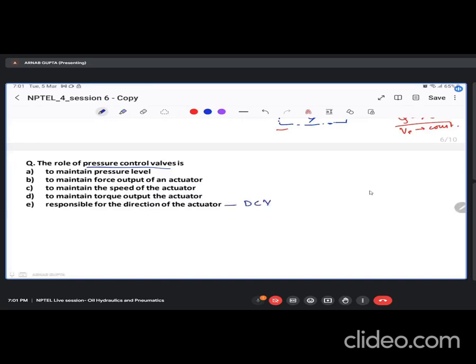So PCV is not responsible for this. Maintain torque output of the actuator. Yes, by modulating the pressure level, we can change the torque of the actuator. Basically, for the motor.